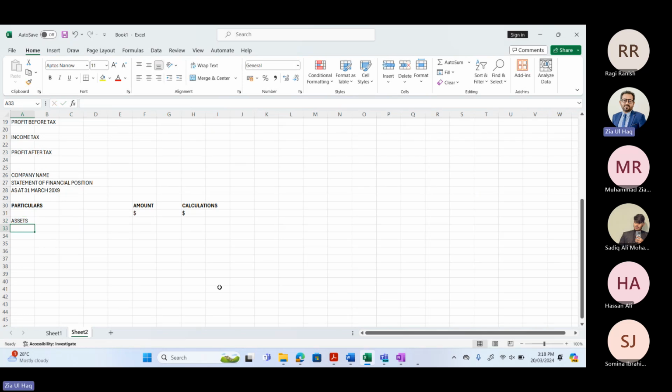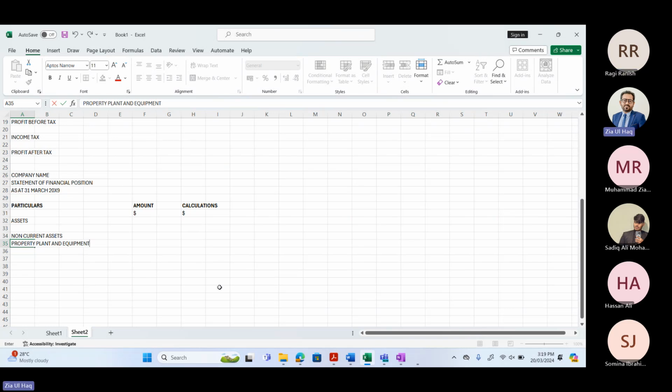In assets, first we need to record what? Non-current assets. In non-current assets, we need to record what? Property, plant, and equipment. For property, plant, and equipment, we can prepare some working notes.